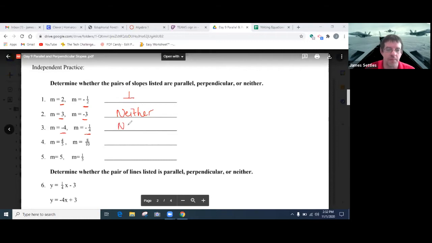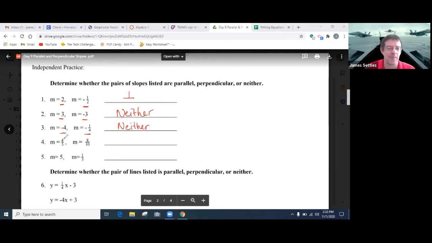So this would be neither. Once again, I want you to see that neither is kind of happening a little bit more often. And it's something that I don't want you to think that it's parallel perpendicular every single time. I get these kids that once we teach parallel perpendicular, they want to put parallel perpendicular on everything.